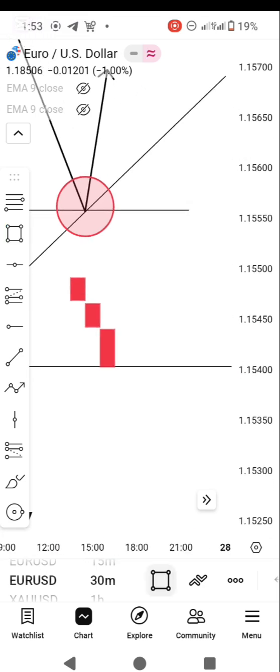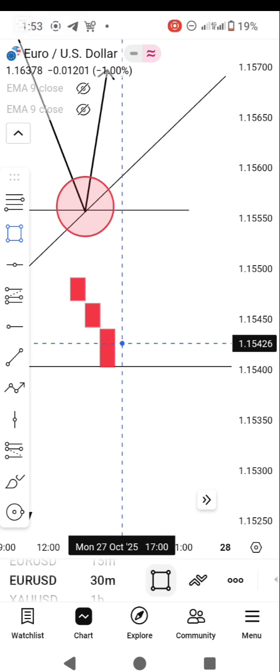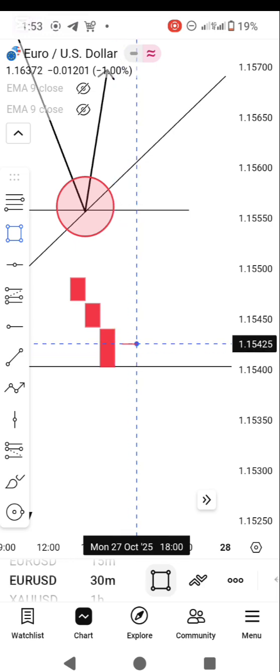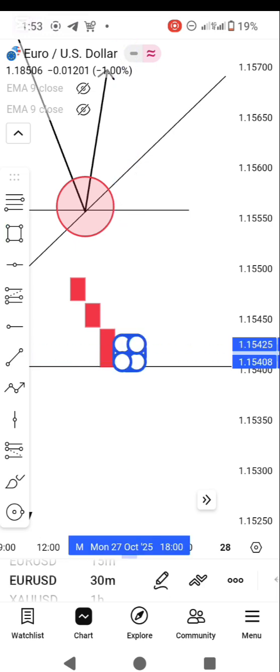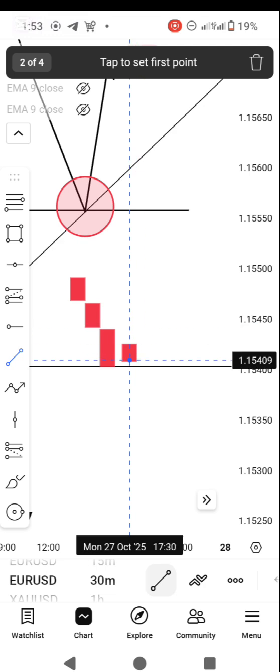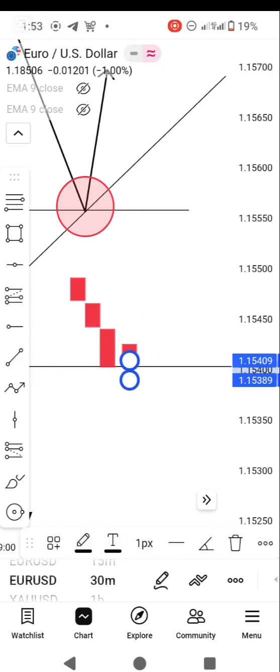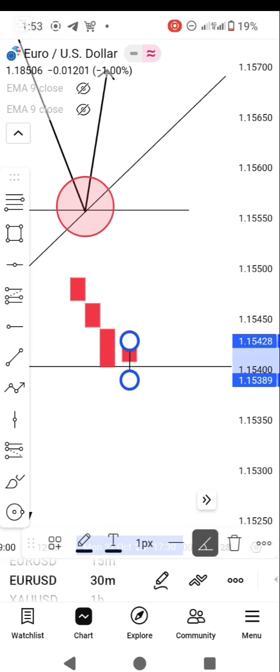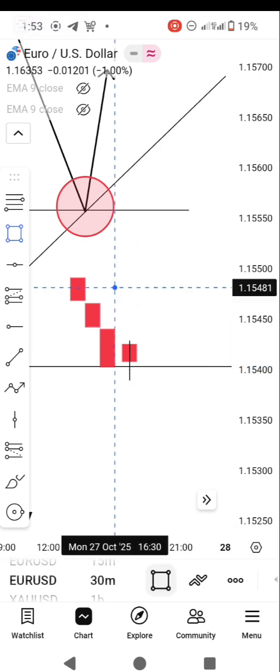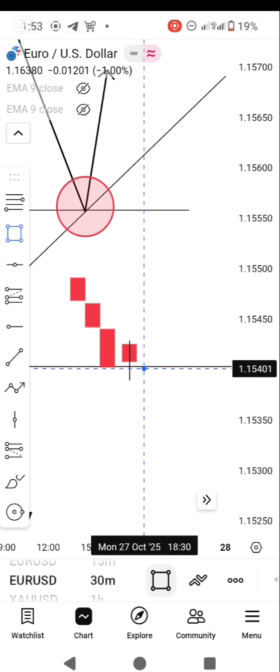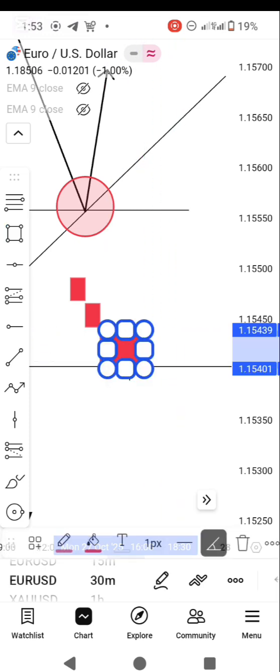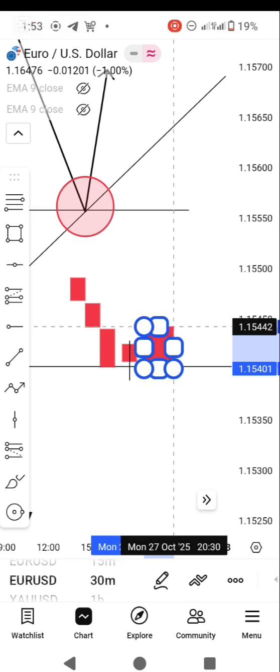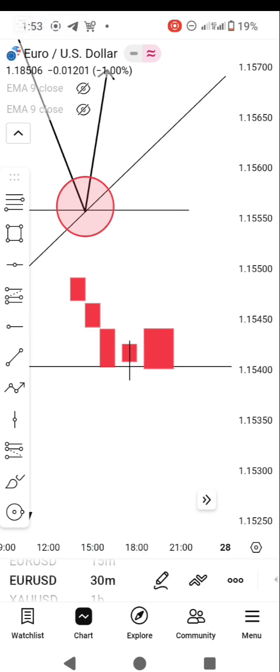Then you have an indecision candle or a doji candle, something like this. And then a bullish momentum candle showing up and closing above this one that is in between.